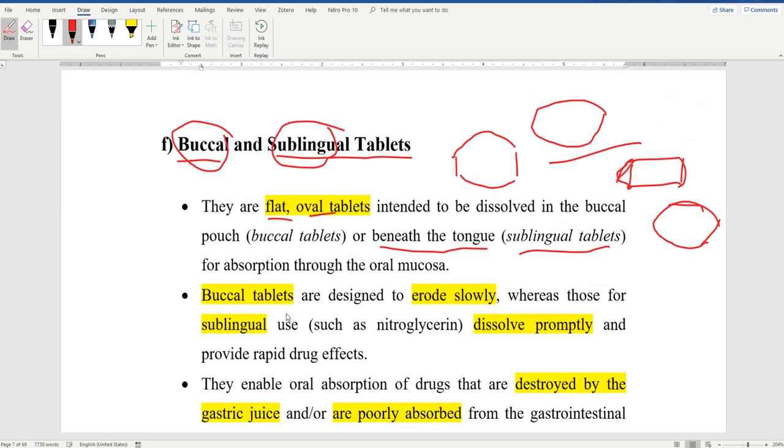طيب, if it is buccal, then the tablets are usually hard and it's allowed to dissolve slowly so that absorption from the buccal area can sustain or can continue for a longer period of time.